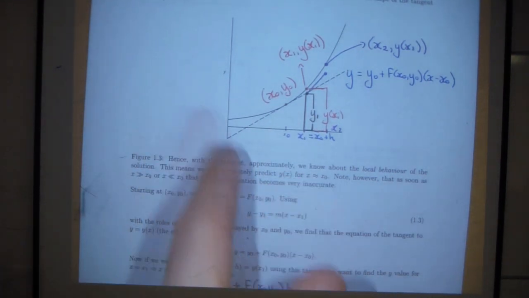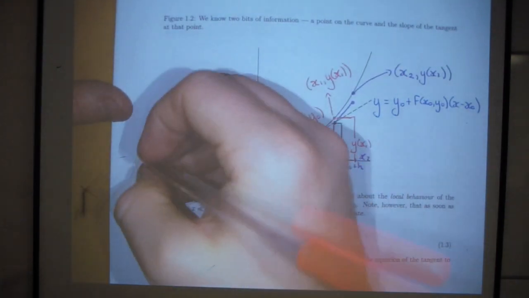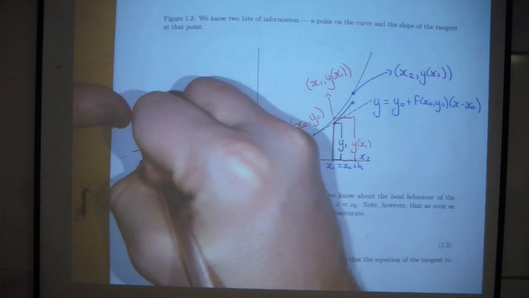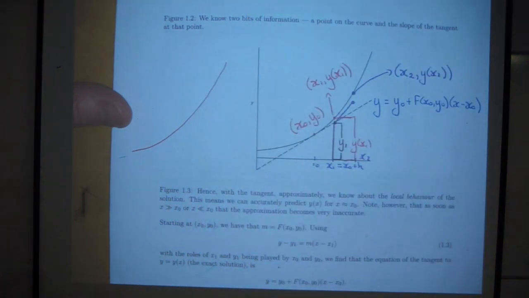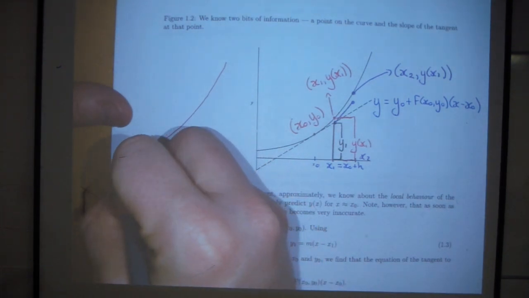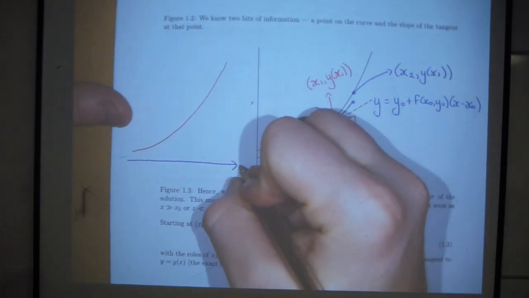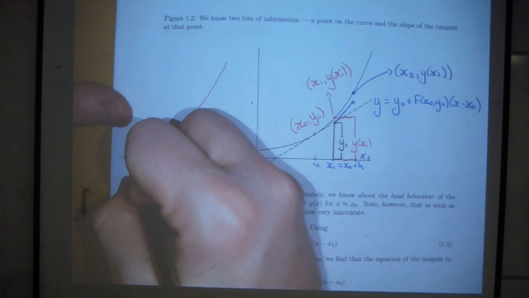So we'll try and draw a schematic of what we're going to be doing just on the left here. You can have a true solution, something like this maybe. And what we're going to do is chop the x variable into little steps. Say the starting point is correct.